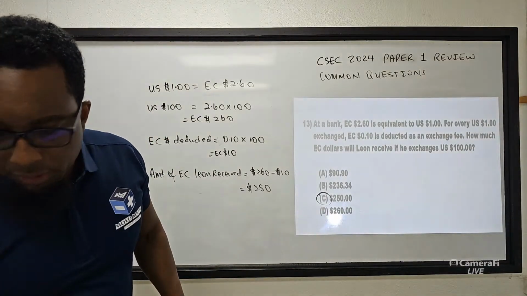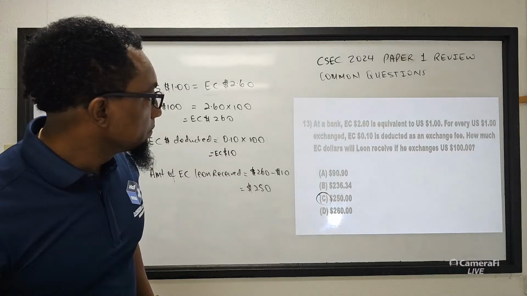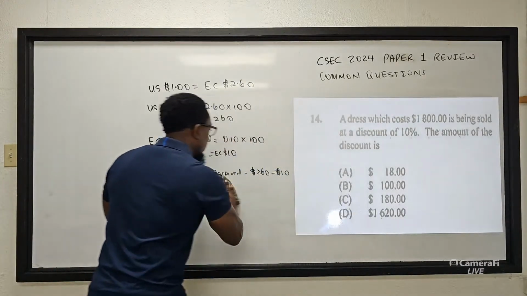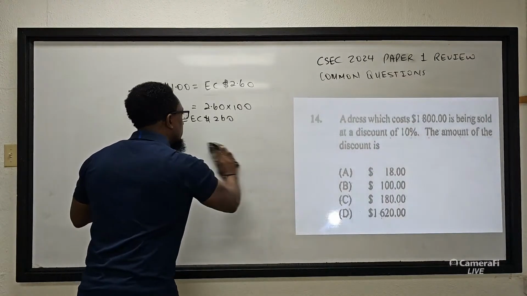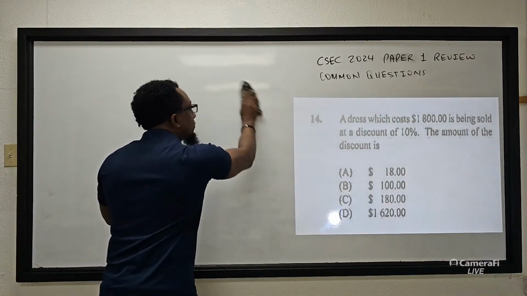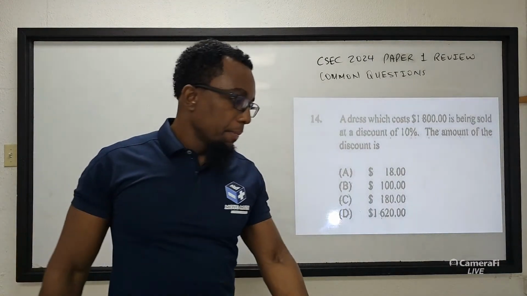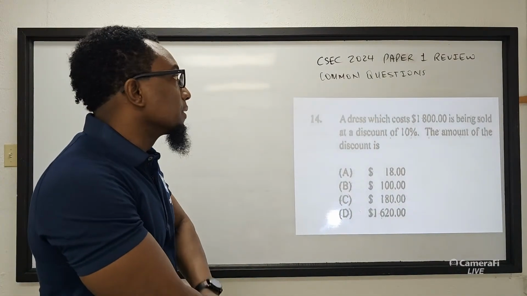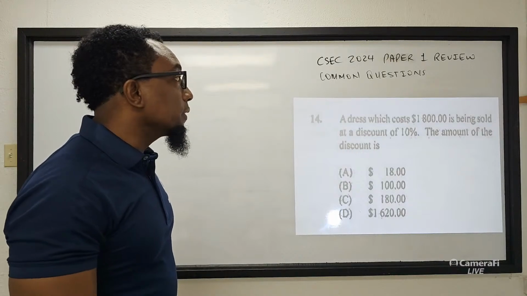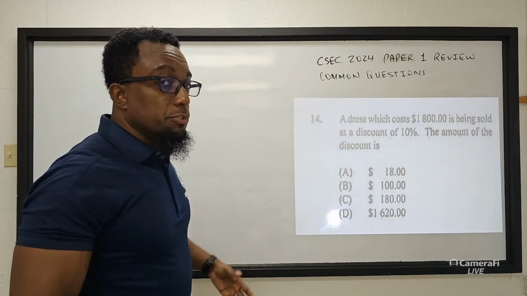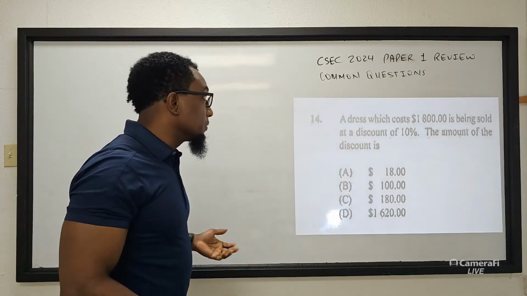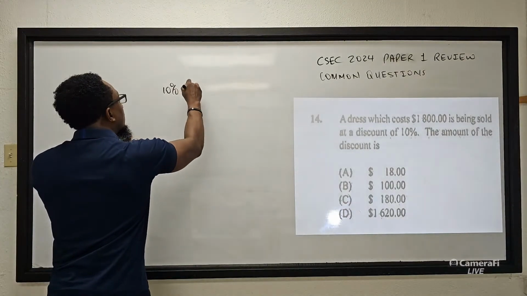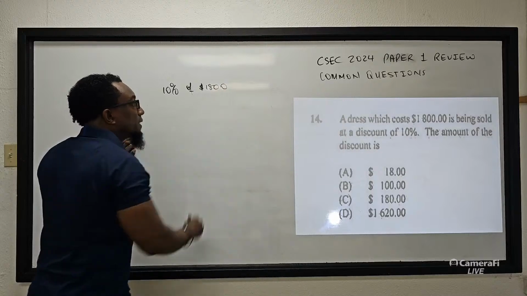So let's move on to question 14. Common questions. So 14 states, a dress which costs $1,800 is being sold at a discount of 10%. What's the amount of the discount? So just simply find 10% of $1,800.